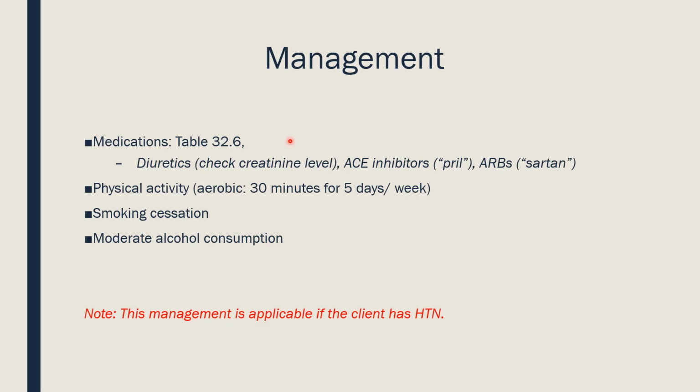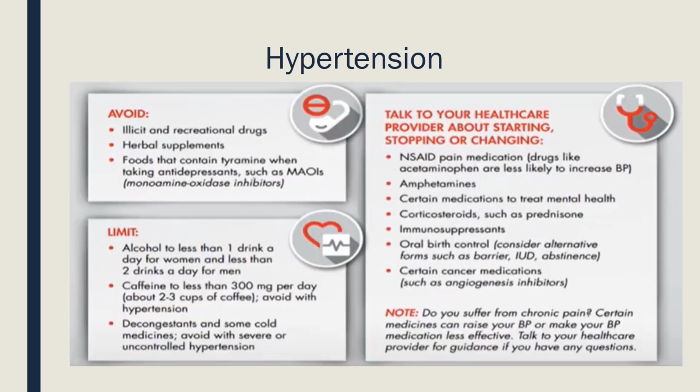And in addition to that, I already told you that we're giving these medications, and check the creatinine level of the patient when you're giving diuretics. Teach them about physical activity, and that is 30 minutes for 5 days per week. That's the recommendation of the American Heart Association, and educate them about smoking and alcohol consumption. Okay?